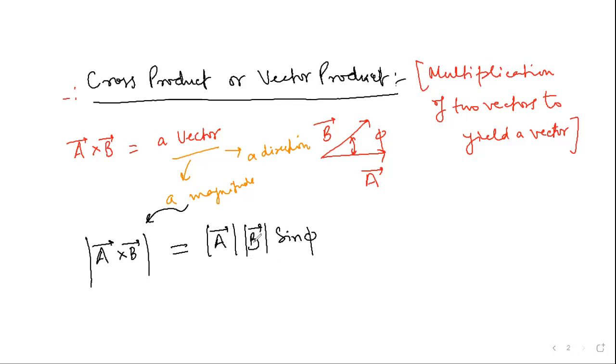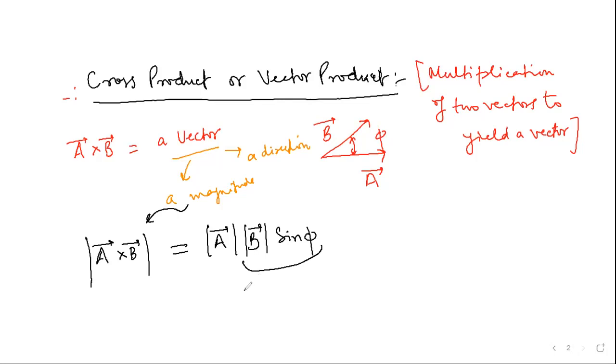So this is the definition of magnitude of A cross B. Now you can interpret it differently also. Either you can say it's product of three things, or you can club B and sine theta into one thing. What is this?